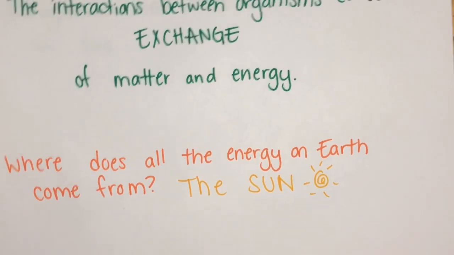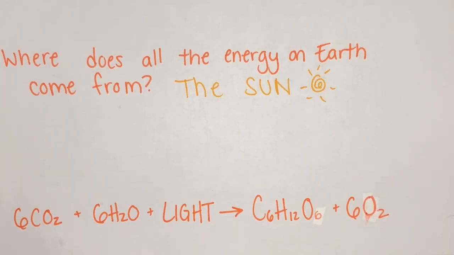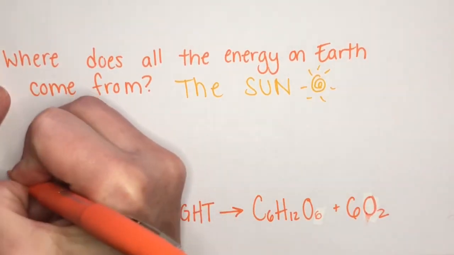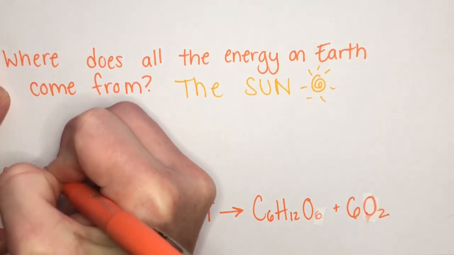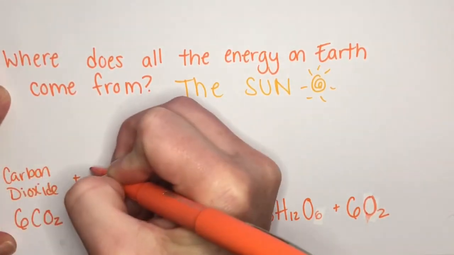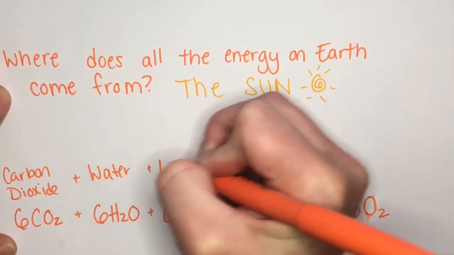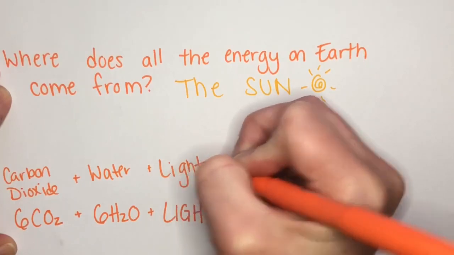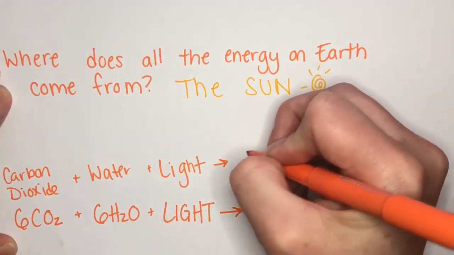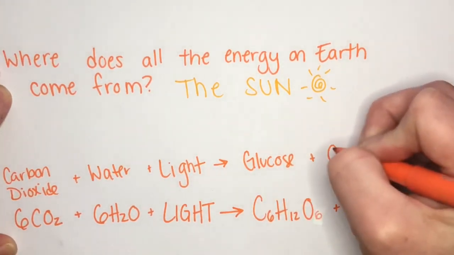So here, I've written the chemical formula for photosynthesis, which isn't something that you need to know quite yet, but I wanted to show you how producers convert carbon dioxide, water, light into that glucose and oxygen.